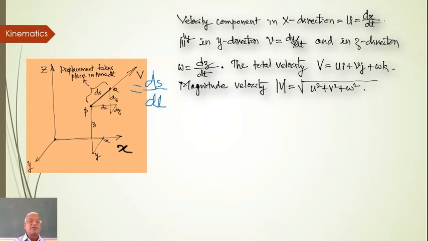So ds by dt is nothing but the velocity v. But if we say only in the x direction, then it will be u, which is dx by dt.